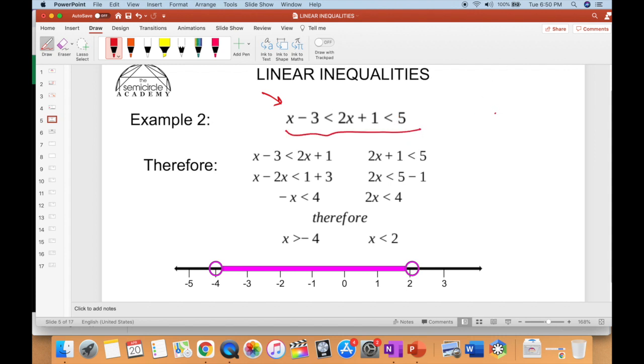Like if I had x is greater than 2 and I have 4 over here, we've seen it's like a range, right? Where x is greater than 2 but x is less than 4. So this expression here now is greater than this one, but it's less than this one.